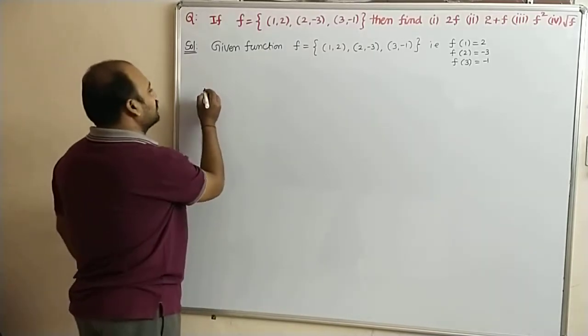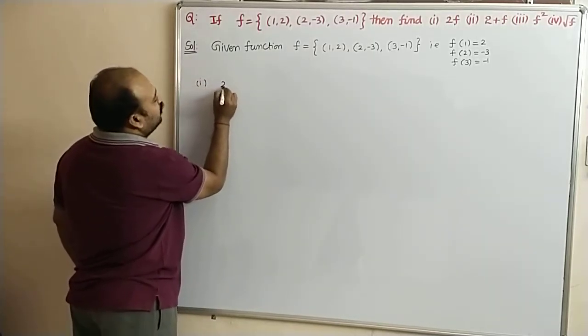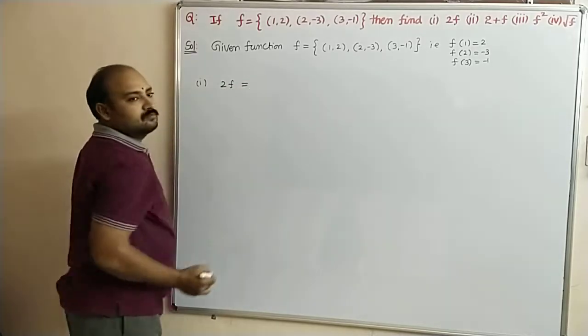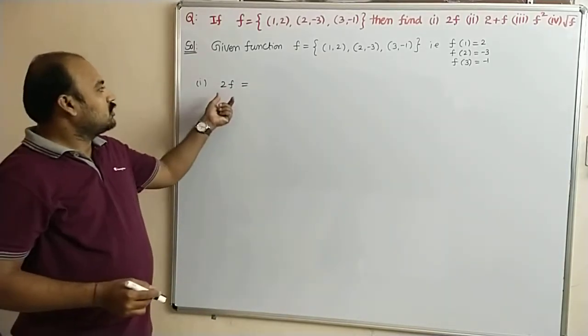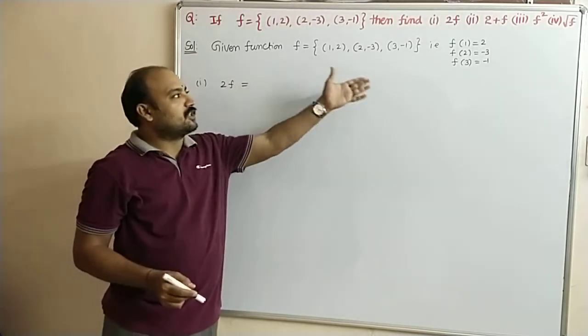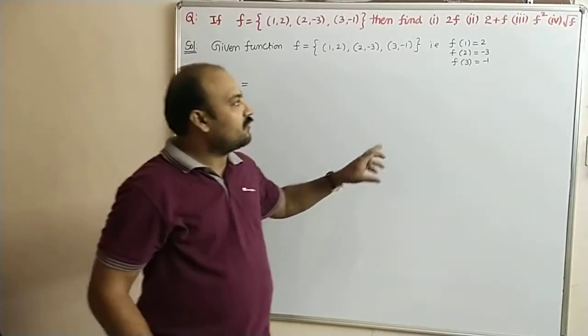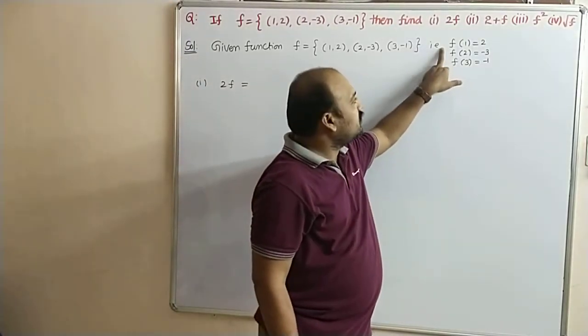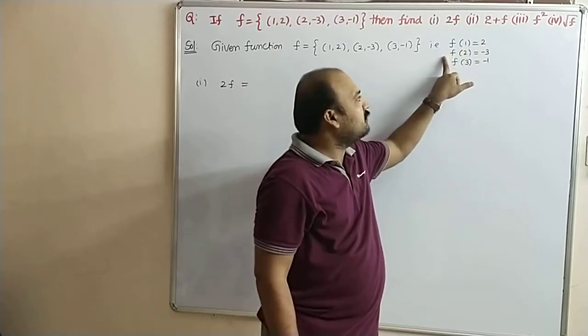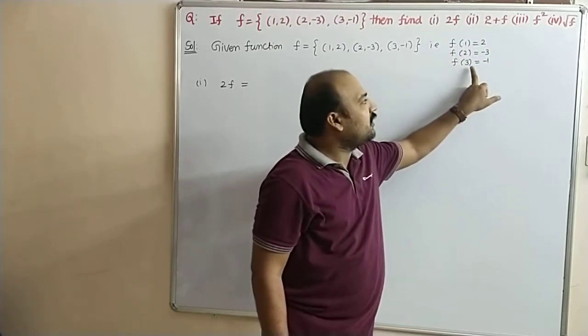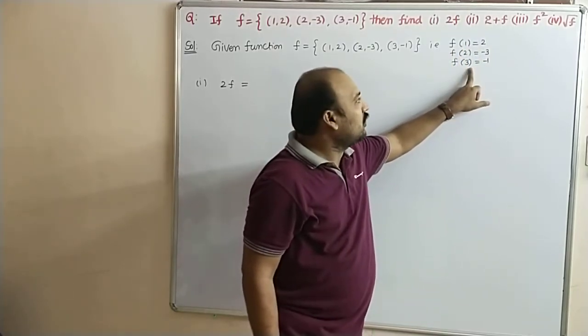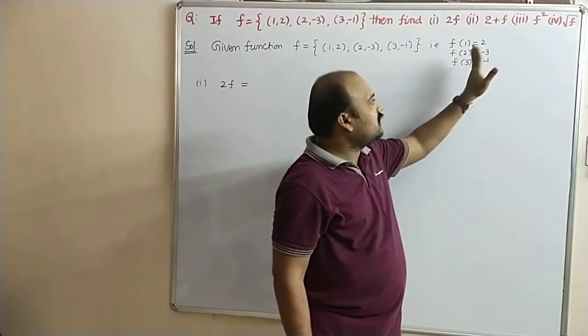Now come to the first question in this. 2f. That means 2 times the function. 2 times f of 1, 2 times f of 2, 2 times f of 3. So here these are the domain values, these are the codomain values.